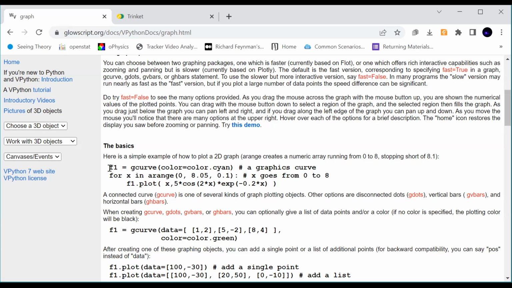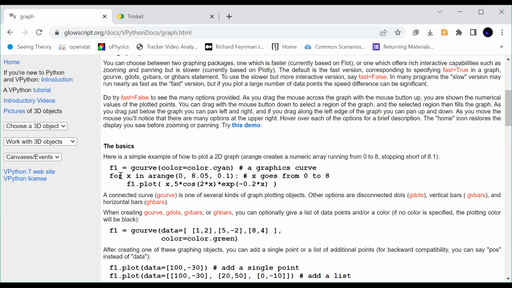So we need a graphics curve. The function for the graph is gcurve if we want it to be aligned. And then we use a for loop function using the range.